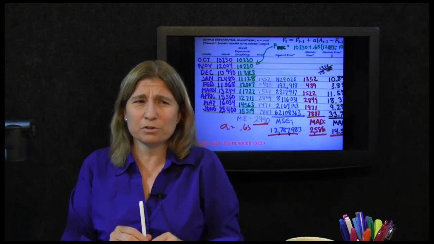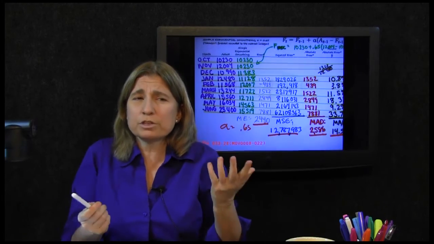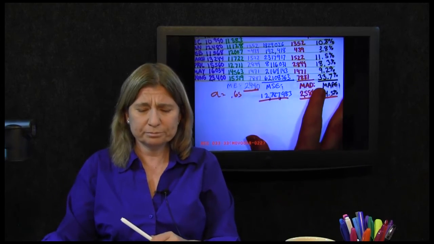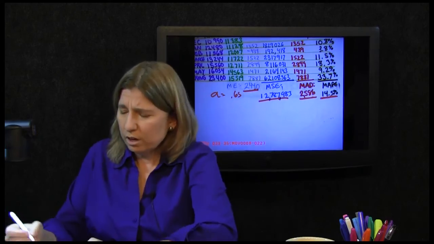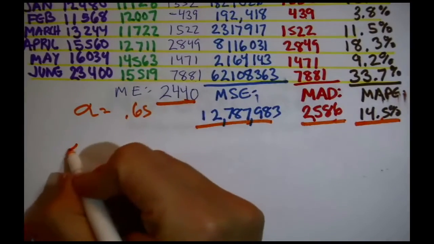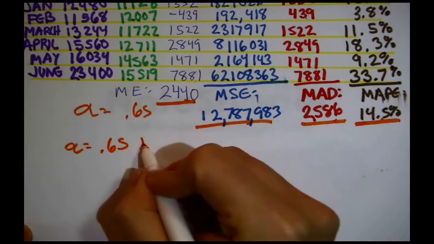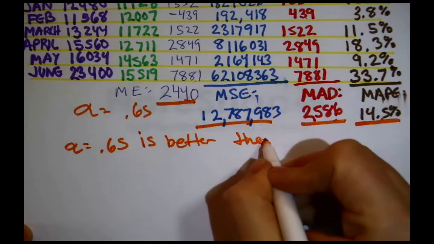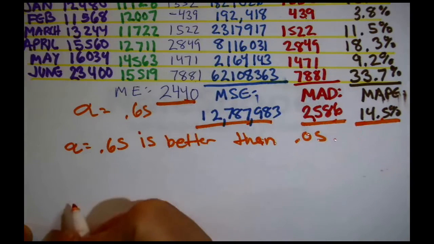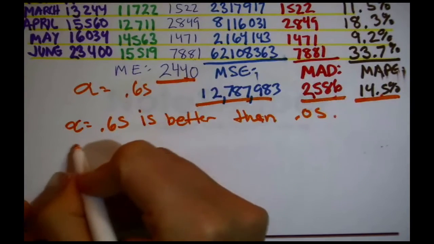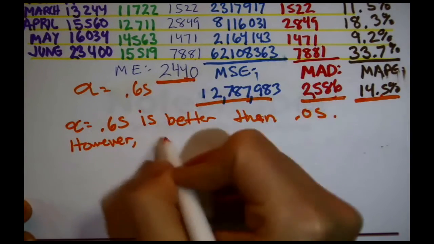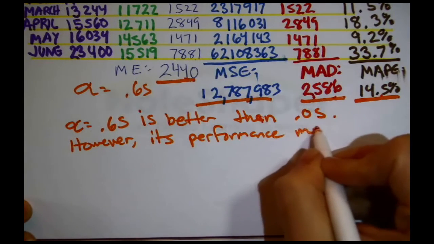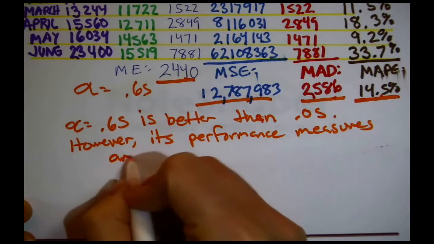That doesn't mean, though, it was a very good forecasting technique. I mean, we were just given an open-ended question to comment on its performance. Alpha equal 0.65 is better than 0.05. That's true. Okay. However, its performance measures are not good.